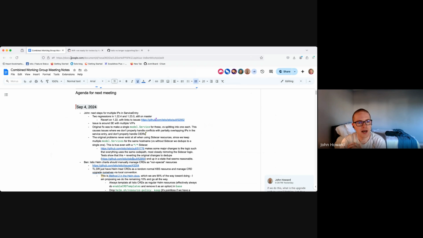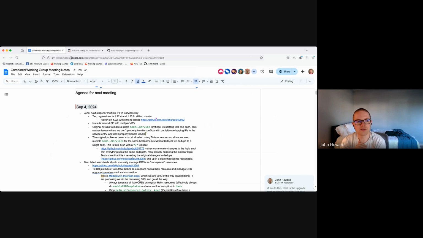Anyhow, when you import everything in a sidecar, I would logically expect it to behave the same as having no sidecar, because that's the default: you import everything. But it's actually not. You go down an entirely different code path when we generate the internal representation in Istio.